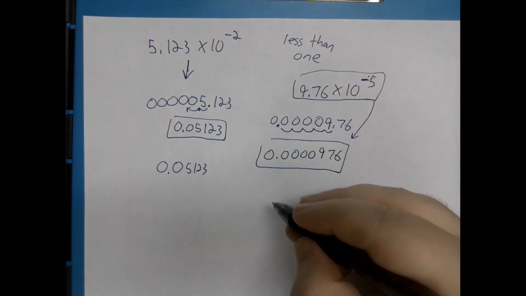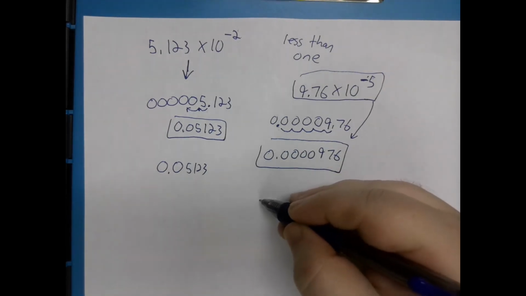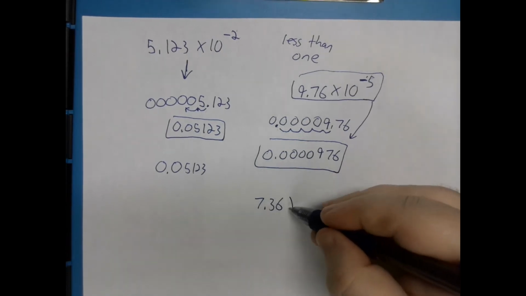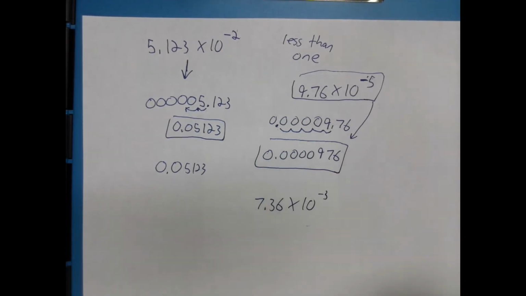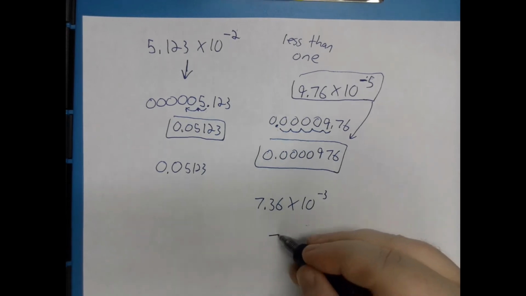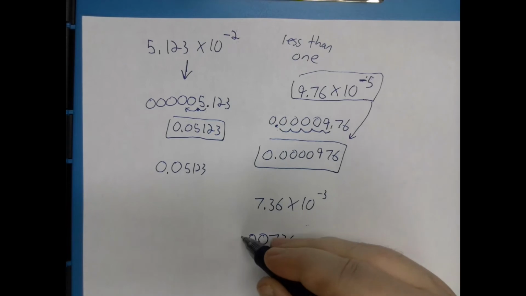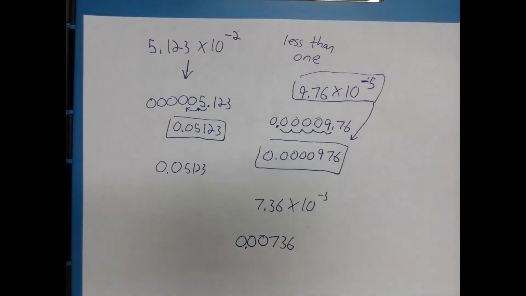So for example, 7.36 times 10 to the negative 3. I know it's going to be 736 with 3 zeros in front of it and a decimal after the first 0.